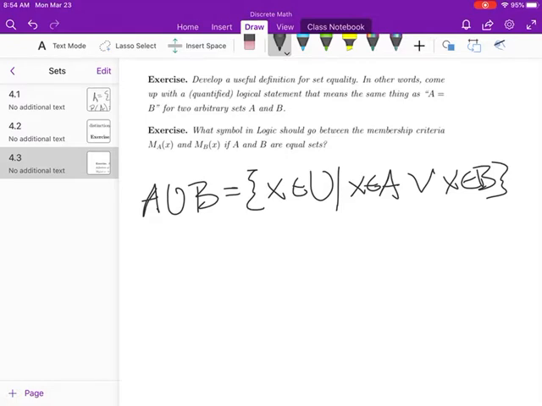Now you remember two sets could be equal if they have the same things in them. So if they contain all the same things, we would say that those two sets are equal.